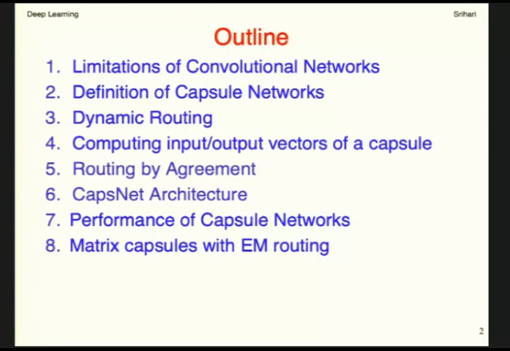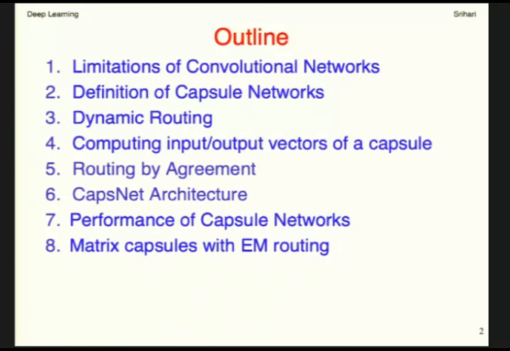Essentially, we define a capsule network as consisting not of individual units. In a regular neural network, you have units in each layer. There's a set of units in one layer, a set of units in another layer. Units get connected from one layer to the next layer, and there are some weights associated with each of these connections.